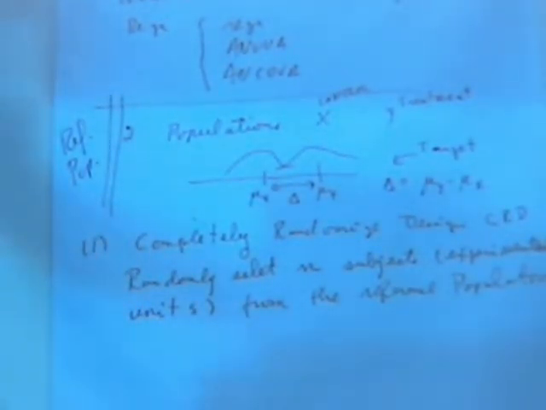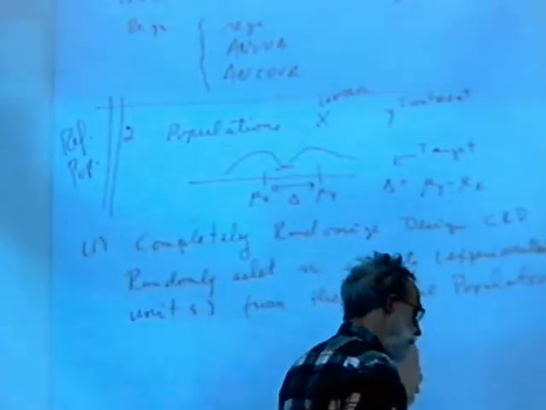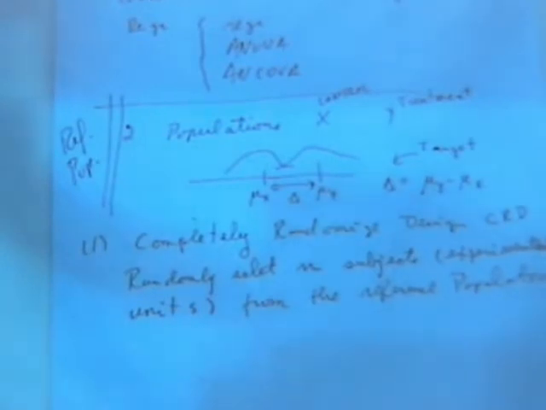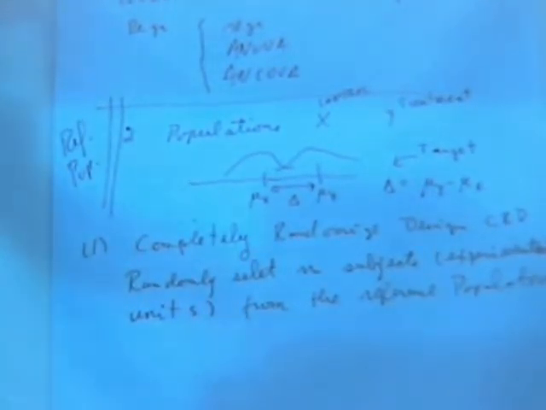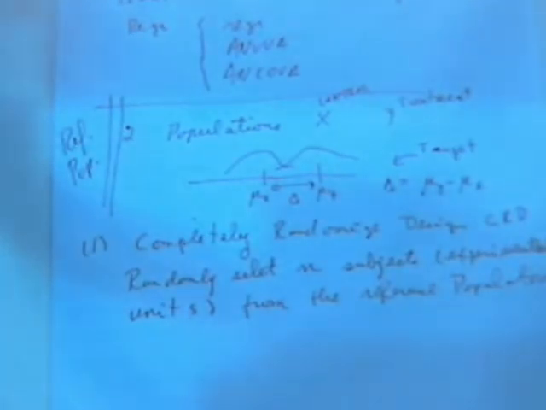And in many studies, there's a lot of discussion on what the reference population is. But once you have it, then you select at random. It should be at random. You select n experimental units or subjects, okay?